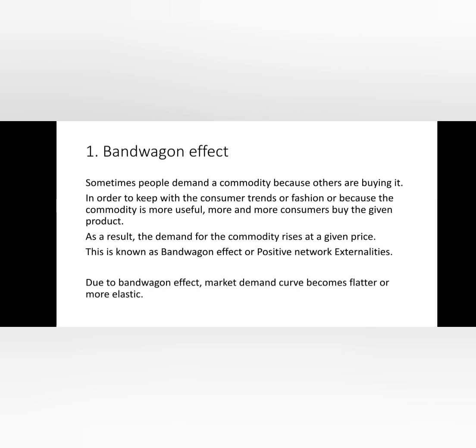Also, consumer demand rises at a given price, even if the price is low or high, and the demand becomes successful. So we also call the bandwagon effect positive network externalities. We can see the diagram in the next part.